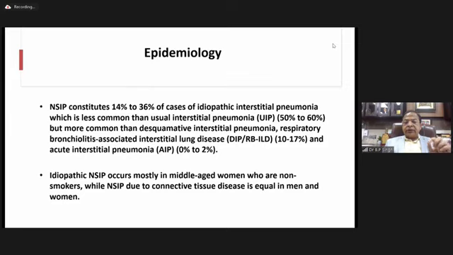It constitutes 14 to 36% of the cases of idiopathic interstitial pneumonia, which is less common than usual interstitial pneumonia, 50 to 60%, but more common than DIP and RBILD, 10 to 70%, and acute interstitial pneumonia, which is 0 to 2%. Idiopathic NSIP occurs mostly in middle-aged women who are non-smokers, while NSIP due to connective tissue disease is equal in men and women.